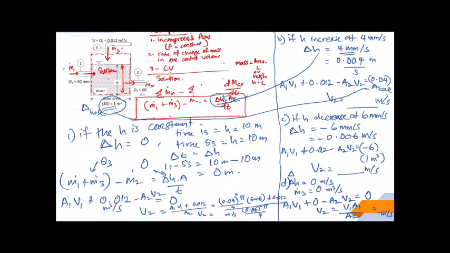And then if you do have mass in the control volume, definitely you have to involve the rate of change of the mass in the control volume over time, and then you do the calculation. Make sure you do the dimension conversion from mm to meter, and make sure that you do the correct calculation.